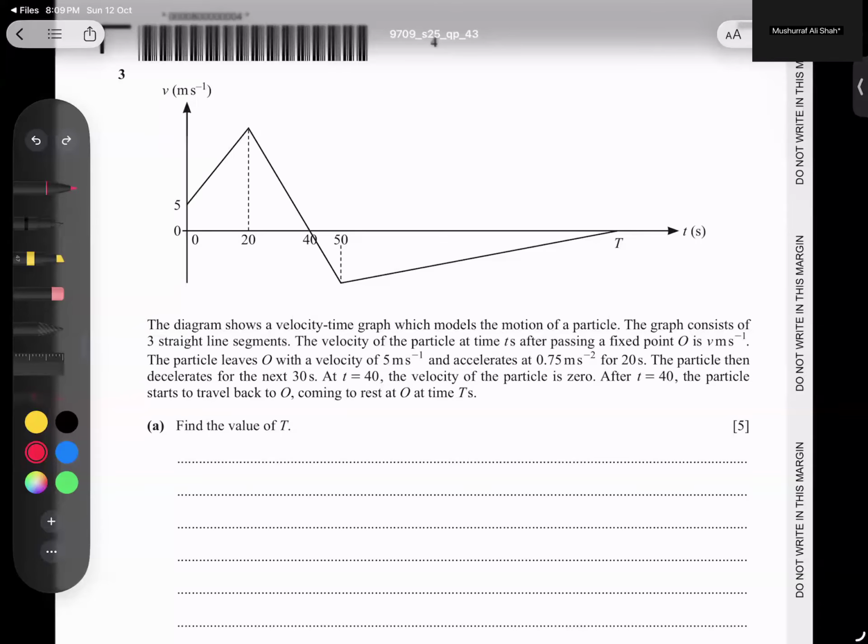Question number 3 we have. The diagram shows a velocity-time graph which models the motion of a particle. The graph consists of three straight line segments. The velocity of the particle at time t after leaving a fixed point O is v, and the particle leaves O with a velocity of 5. The acceleration is 0.75, so this line's gradient is 0.75.